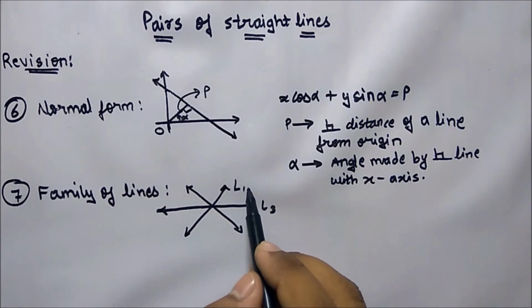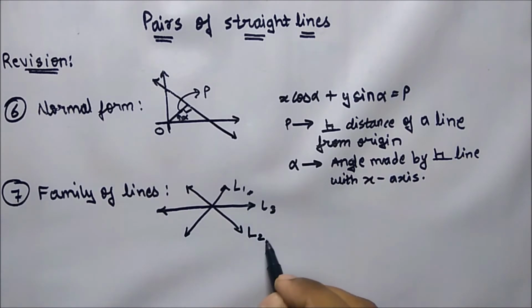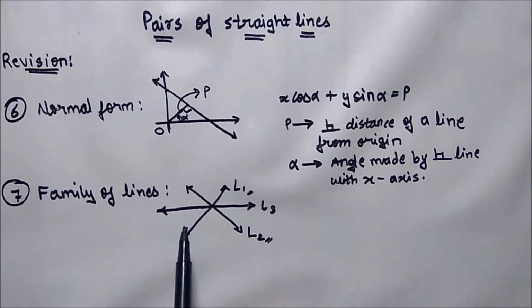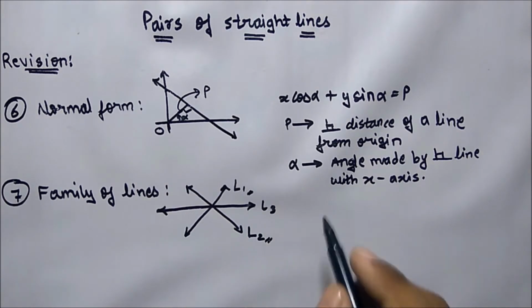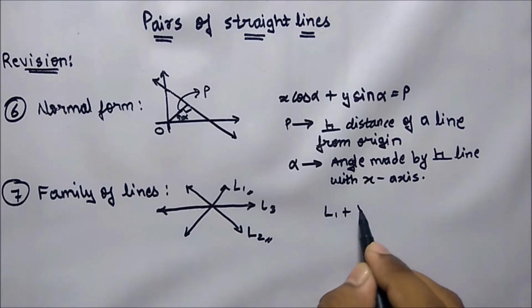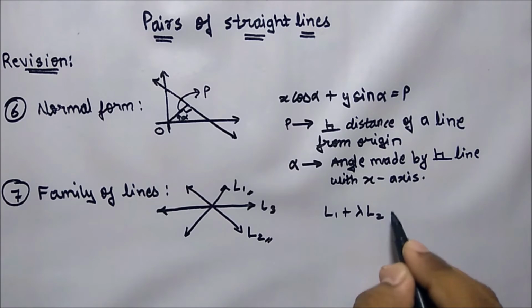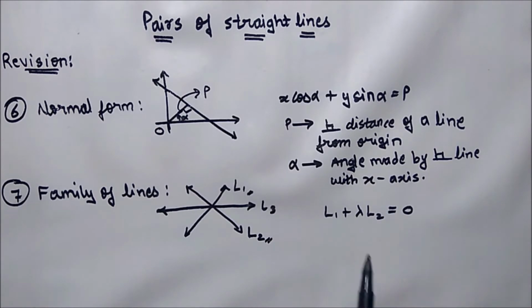Now if we have the equations of lines L1 and L2, then we can find the equation of line L3 by using this relation. This concept is known as family of lines.